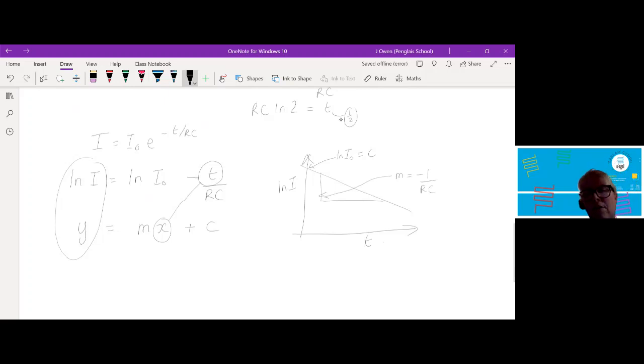So if you have the resistance or the capacitance and you've got to find the other one, let's say we want to find the capacitance in the circuit, so C equals -1 over R times the gradient m, where m is the gradient dy by dx. And finally, to find what I naught is from the y-intercept, you will have to do e to the c equals I naught. Okay, I think I ought to come to a stop here.